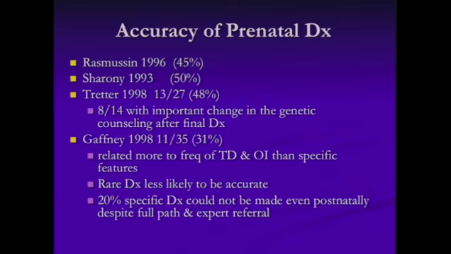A study by Gaffney in 1998 said that these changes in diagnoses were more frequent for Thanatophoric dysplasia and osteogenesis imperfecta than for specific features, and that rare diagnoses were more likely to be accurate. And in 20% of cases, a specific diagnosis couldn't even be made postnatally, despite full pathology and an expert referral. So you can imagine if 20% of the time we can't make the diagnosis when we've got a baby in front of us, how much harder must that be in utero?